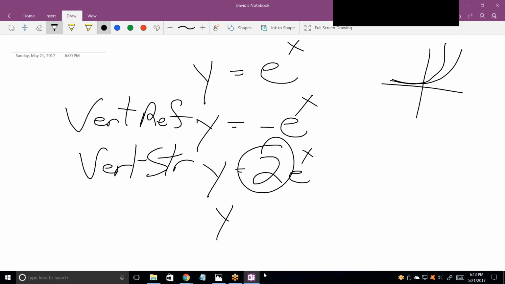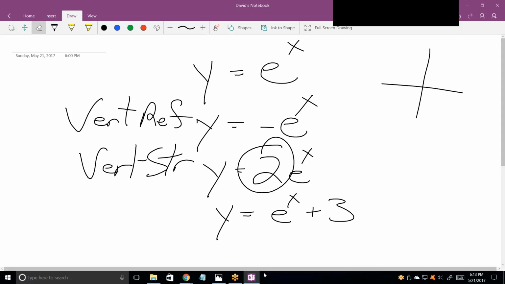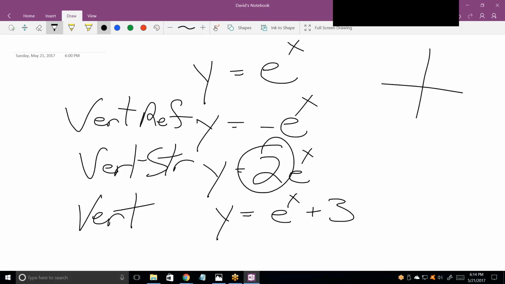Now, tell me what this is. A horizontal shift, right 3. Inside or outside the function? Wait, it'd be outside, so it'd be vertical. If it's outside the function, it's vertical. And that's the way I want you to remember it. Because there's only 3 verticals and 3 horizontals.